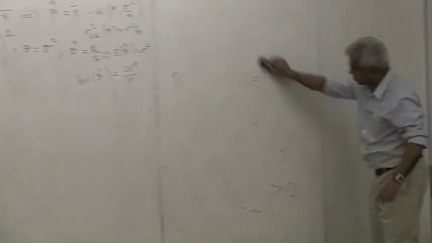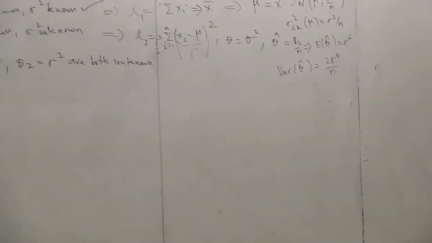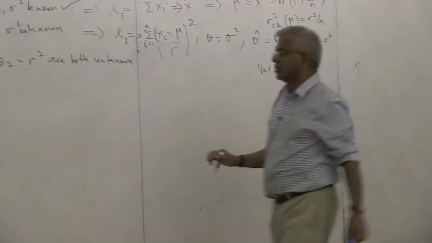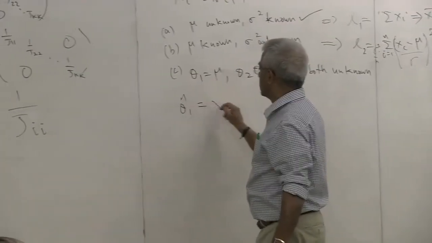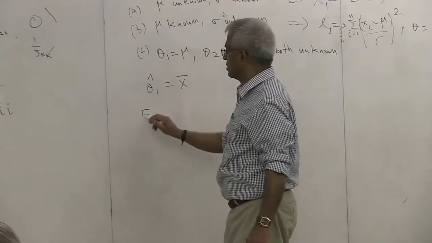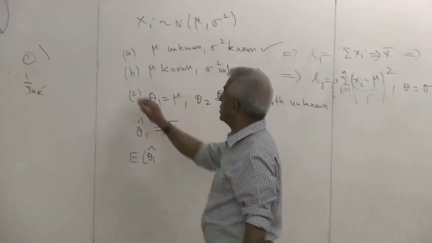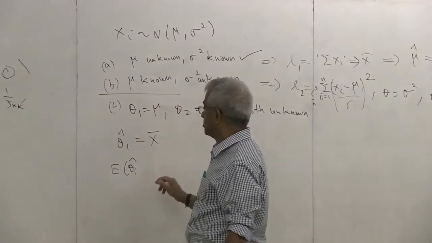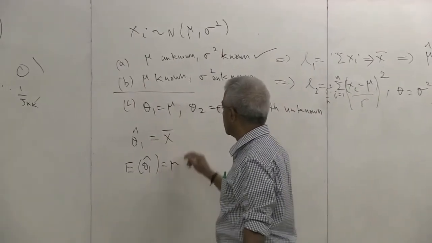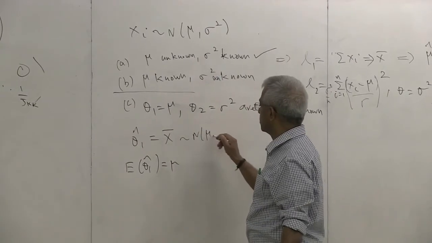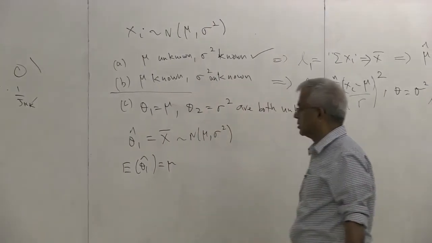I'll show you, so we need to do two things. You need to find out theta 1 hat. I will say x bar will still work because the expected value of theta 1 hat, remember I am dealing with this problem, C only, is mu, so that's good. And this is the mean, so that's good.